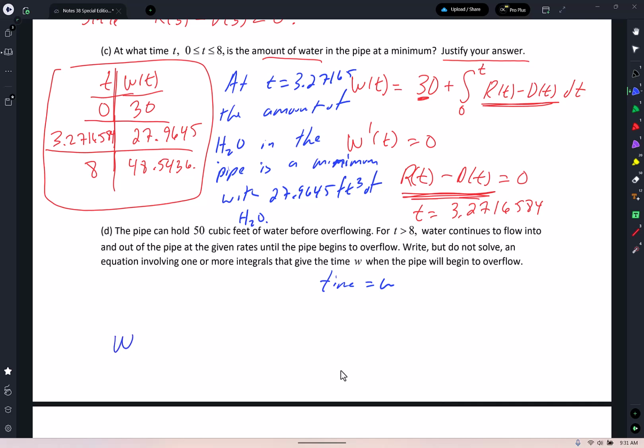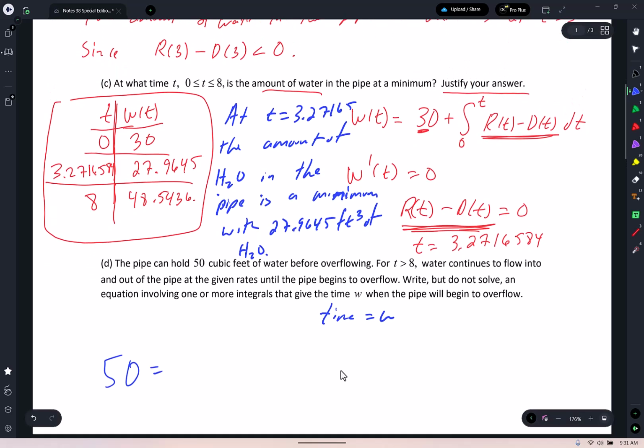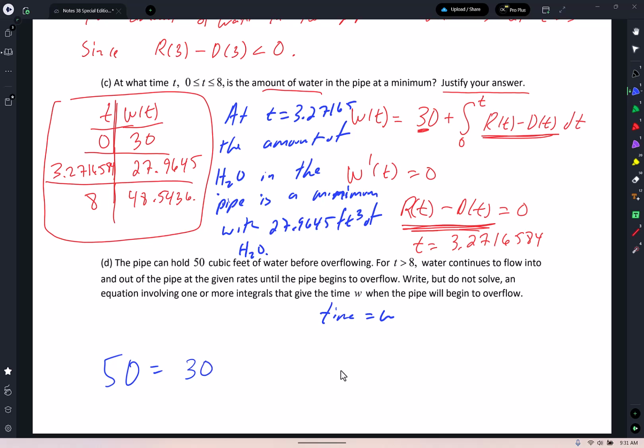So W, amount of water. So 50 equals, so how much water is in the pipe? So 30. Can I say the same thing? 30 plus, yeah, I think I can. 30 plus the integral from 0 to W of R of t minus D of t dt.